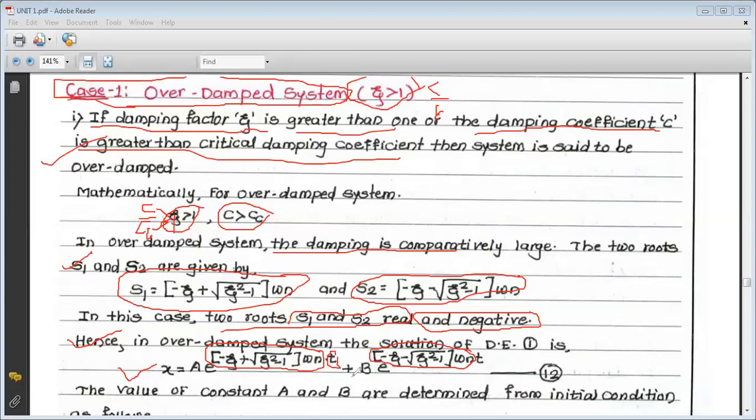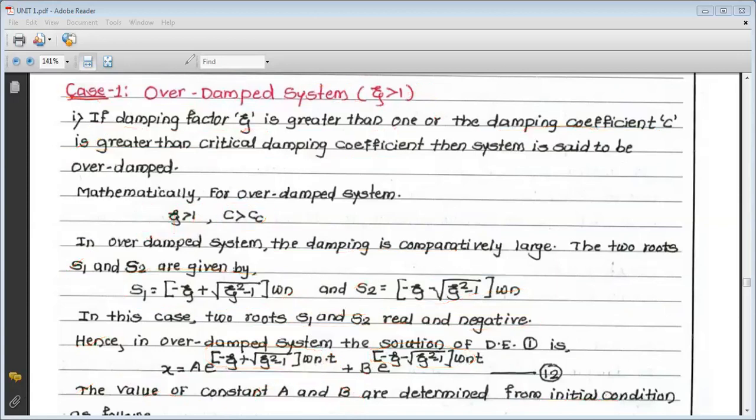Now from this equation we have to find the two constants, constant a and constant b. For that we require two initial conditions, and these two constants can be found from the initial conditions. So what are the initial conditions?